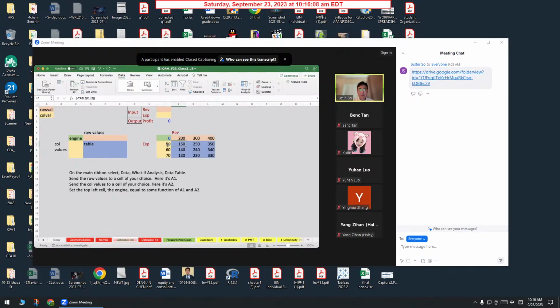See, 200 minus 50 is 150. Like 400 minus 60 is 340. These ones are the outputs. Also, you realize that if you look in the formula window, it has a squiggly bracket, right? This means this entire data set is treated as an array.